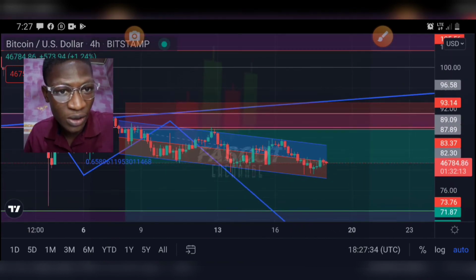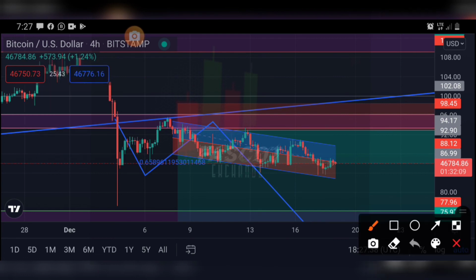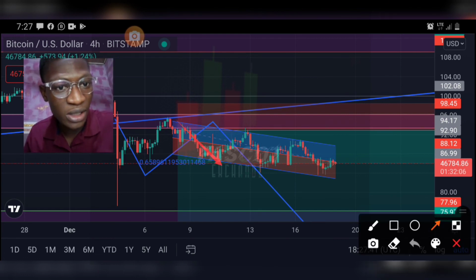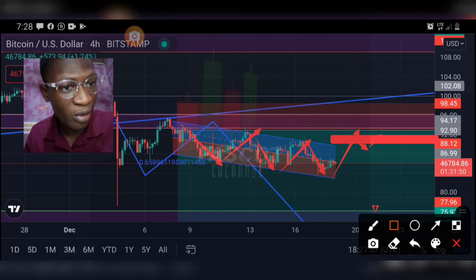And then, as you can see, Bitcoin is forming a channel over the 4-hour time frame. The price is finding support from this channel. If I see a break above this channel and a retest with a bullish engulfing candle, I will take my small profit or break even profit from here.